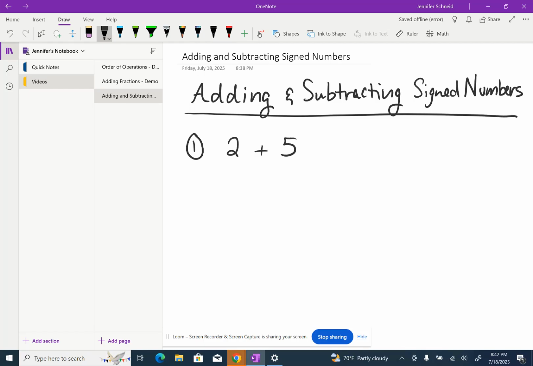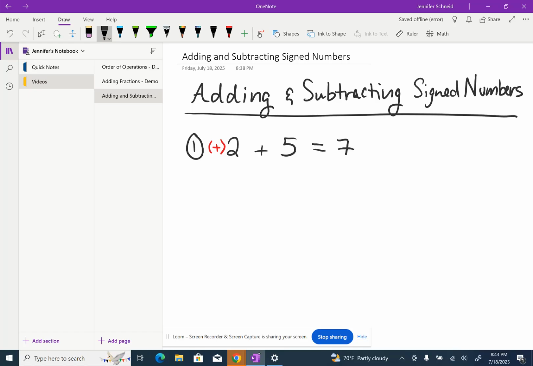But one thing to point out is if you have a number and there's nothing in front of it, there really is a positive right in front of it. Okay, so if there's no sign, it's really implied there's a positive. So if you gain 2 of something and then you gain 5 more, you have 7 of those things positive.